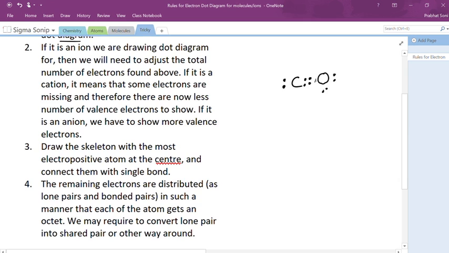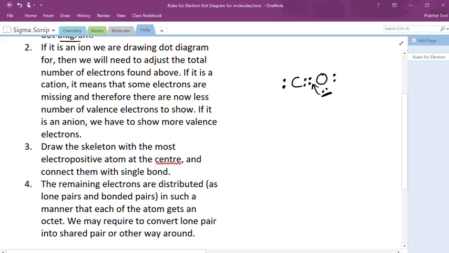When I'm moving this lone pair to make a shared pair here, it's not changing the number of electrons available to oxygen. It is still 8. When I move them from here to here, they still remain with oxygen. The only effect is that they also get counted for carbon.